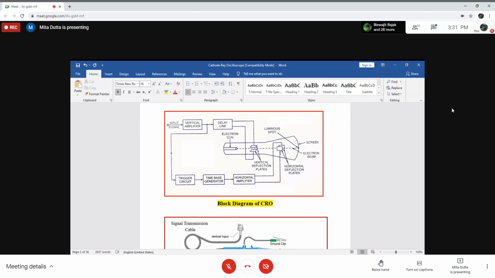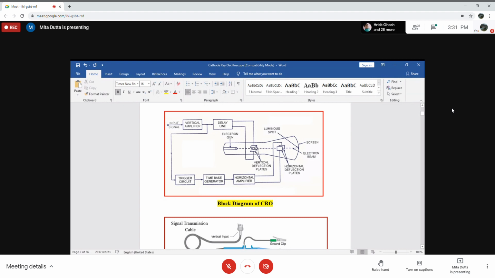We will study this vertical deflection system in detail. Now, after passing through the delay line, the input signal comes to the vertical deflection plates, as we have seen from the figure.